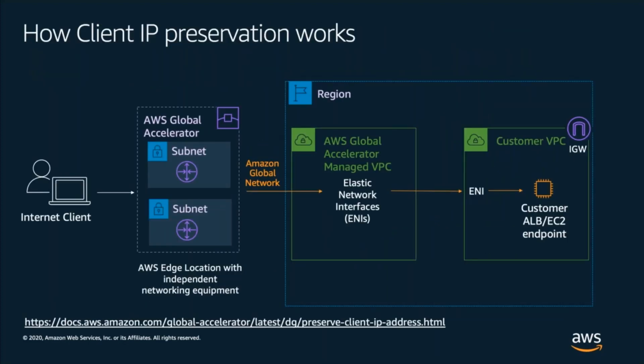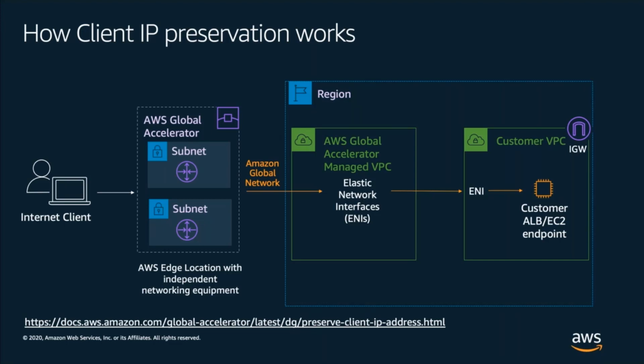A couple of words on how we preserve the client IP. As I mentioned, there are different layers of encapsulation, but this is all transparent to you. Basically, traffic from the internet client lands on our edge locations. We have two subnets, different network equipment for the two IP addresses. Then traffic goes over the Amazon Global Network to a VPC, which is managed by Global Accelerator. It is transparent to you.